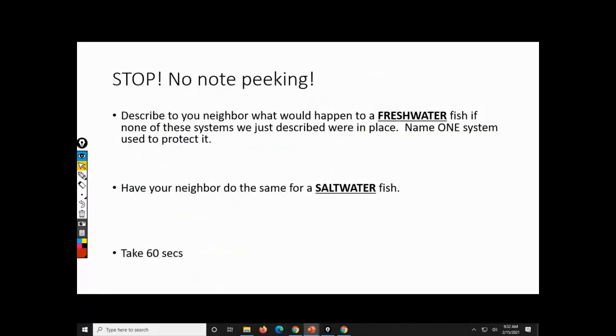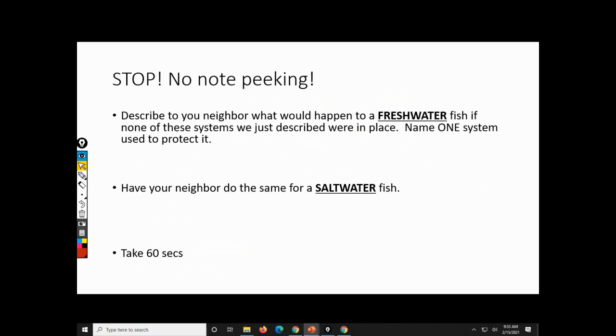So let's go ahead and do this. And I don't care if you work together or not. I know there aren't even that many of us in here today. But what I want to do is practice with our osmoregulation techniques. And this will be a really good practice.